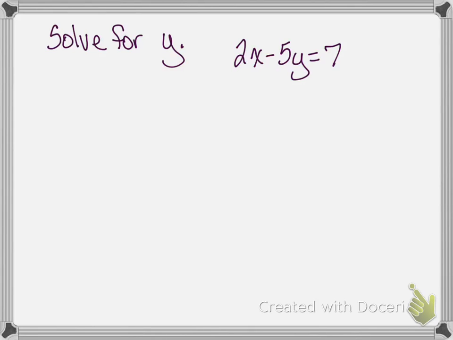So I can't combine as many like terms as I've been used to when I've been dealing with equations. So a lot of times I can't combine the terms, I just have to still deal with all the properties. So the way that I'm going to solve this one for y is I am going to subtract 2x from both sides.